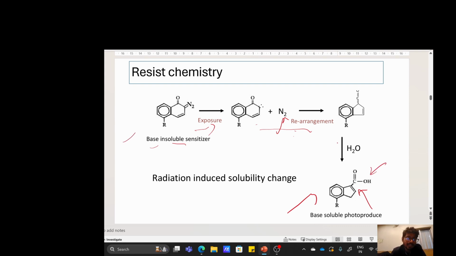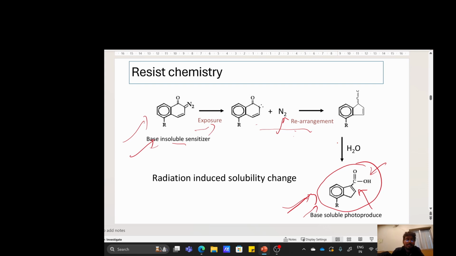This was initially insoluble in the developer solution, but this is soluble. So wherever there is light, the insoluble sensitizer will convert into this soluble photo product.